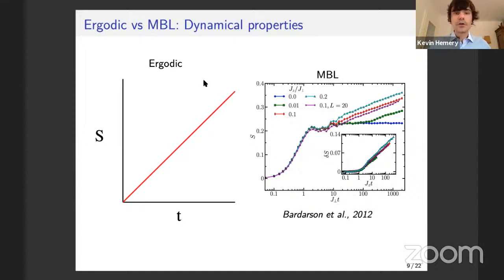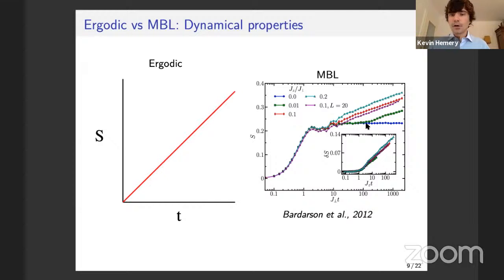So now let's look at the dynamical properties. There is something equivalent with the entanglement. For the ergodic case, let's say you start from a product state and then do a quench, you get a linear growth of entanglement as a function of time. And when we talk about MBL, you have something which is logarithmic as a function of time.